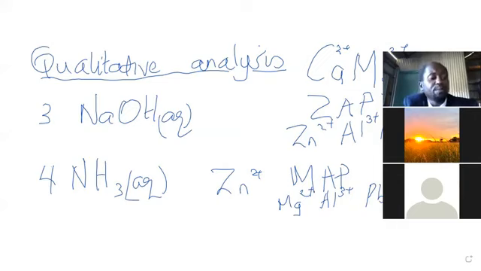The second possible observation would be white precipitate insoluble in excess. And the inference would be MAP, magnesium, aluminium, or lead-2 present.